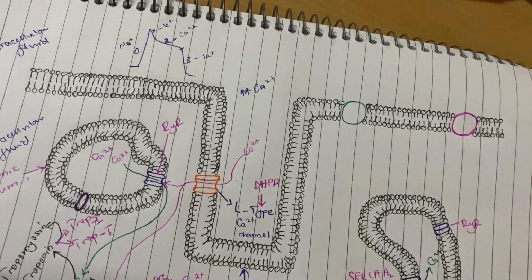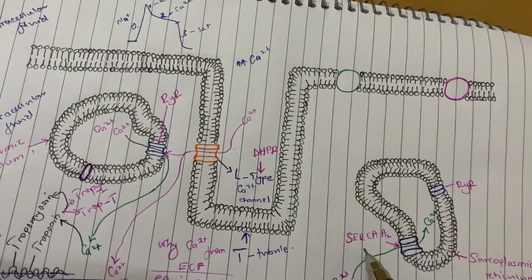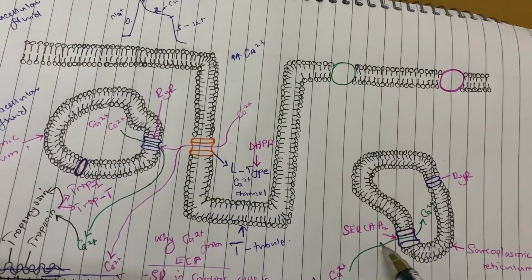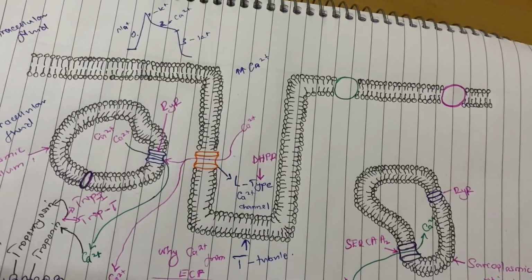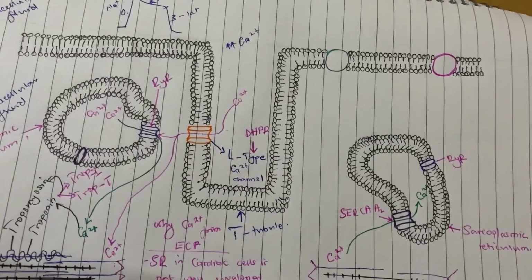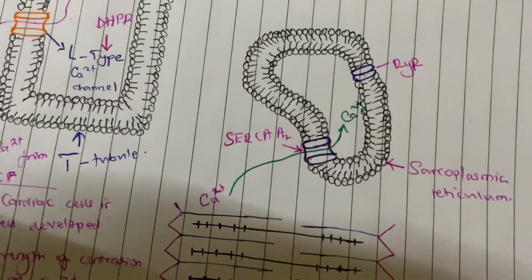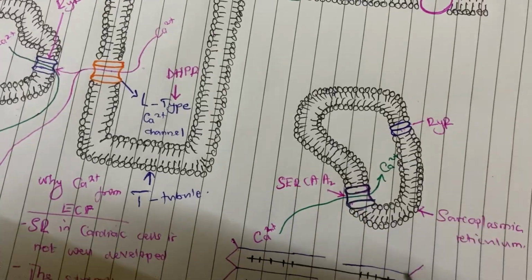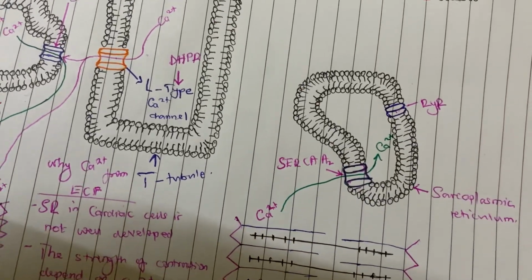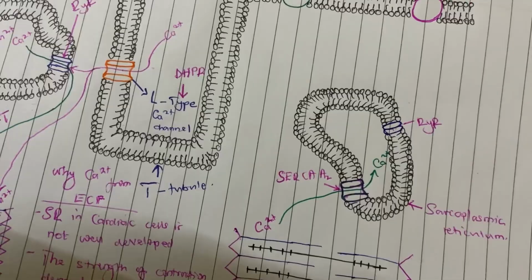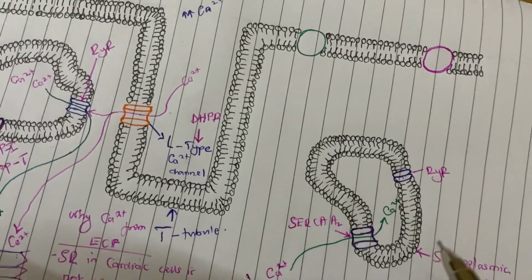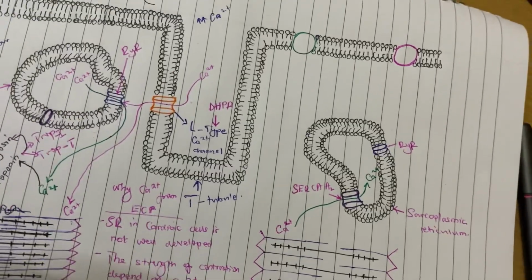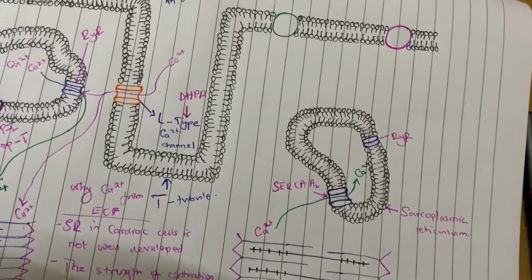It has to go back, and the only way to go back inside here is through this sarcoplasmic endoplasmic reticulum calcium ATPase. Isoform A2 is the one found in cardiac muscles. SERCA2, its job is to pump calcium back into the sarcoplasmic reticulum.